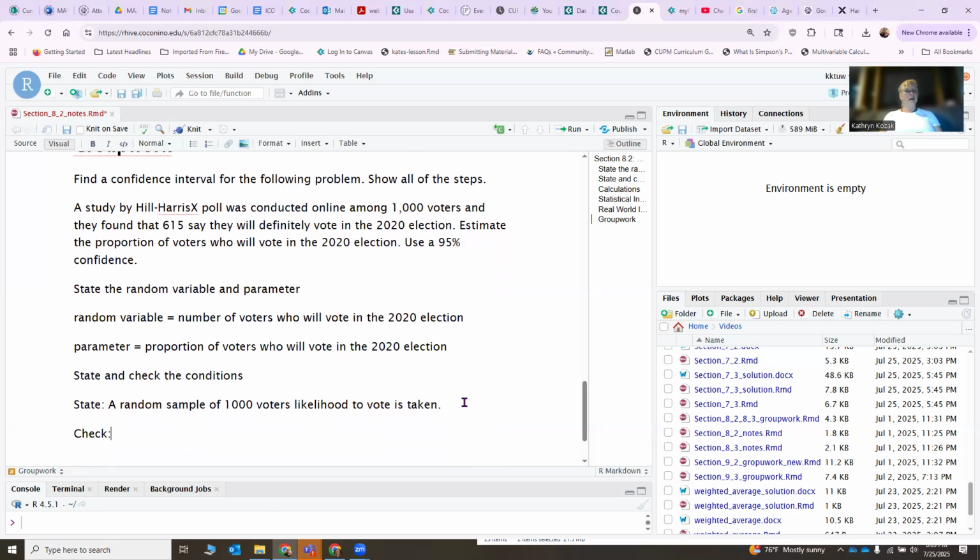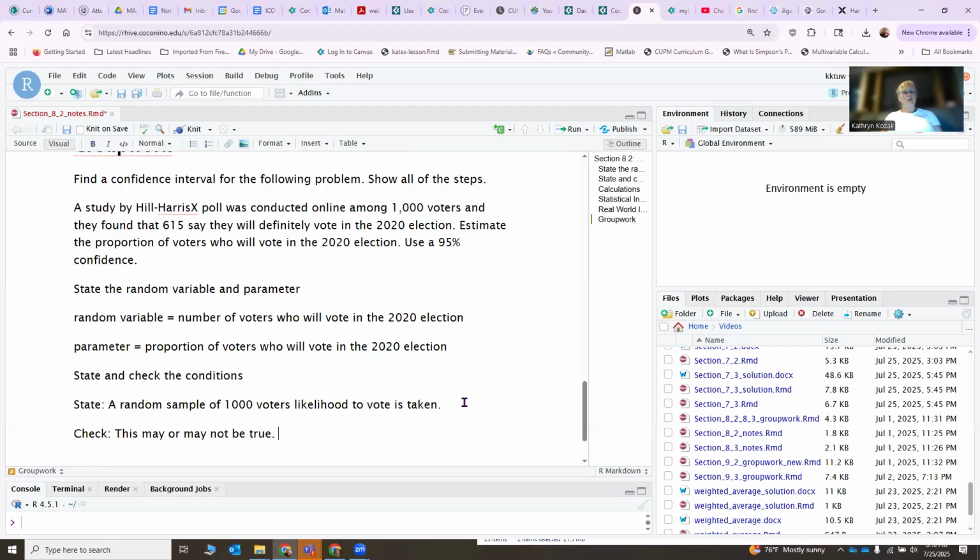The check, we don't actually know for sure, but we're assuming that this company, who's a pretty reputable company, probably took a good poll. We're not positive, so we're not really sure this is true. We're going to assume it is, but remember, assuming something can be a problem.